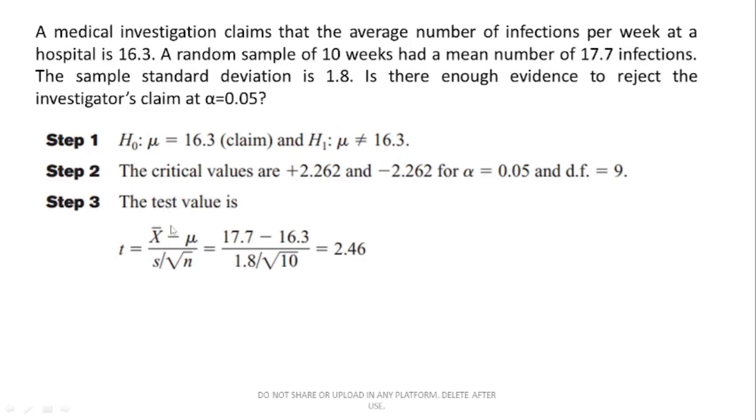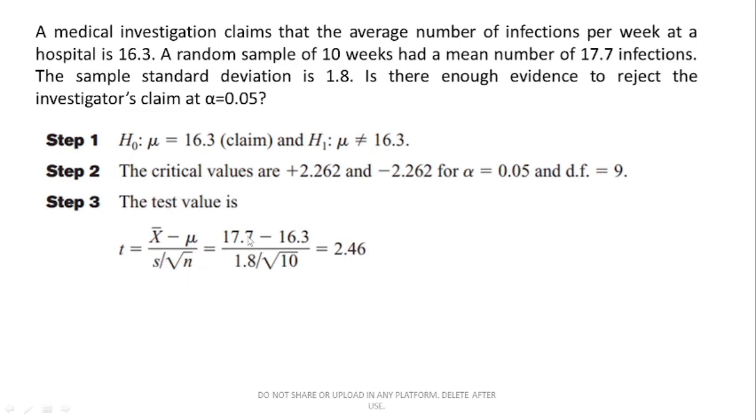So, using the presented equation kanina, t is equal to the sample mean minus the population mean all over the sample standard deviation all over square root of n.